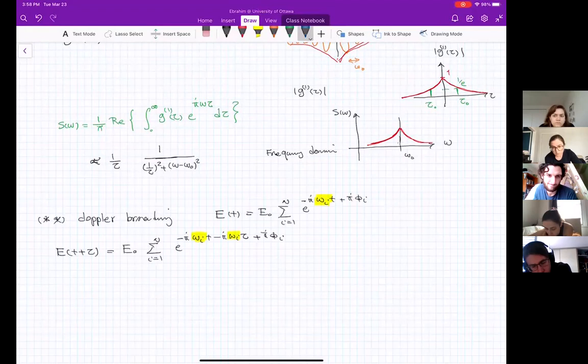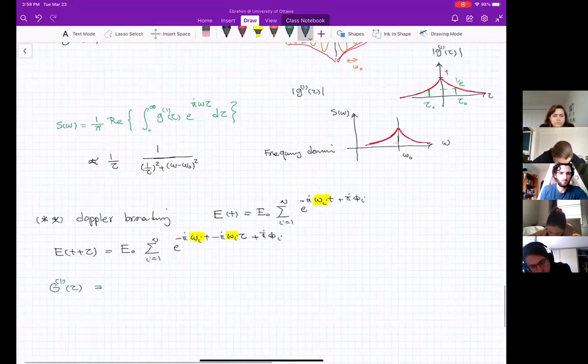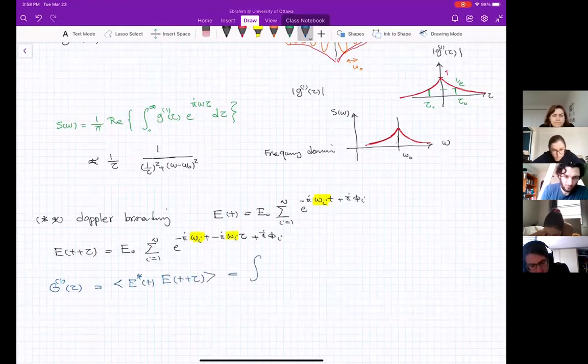Good. So let's calculate G1 of tau, and then we will normalize it later on. G of tau is given by essentially E star of t, E of t plus tau. Let's go to the last stage. That will be the average of E0 squared. Then you have two summations, i equal to 1 to n, j equal to 1 to n, because they are two different fields.